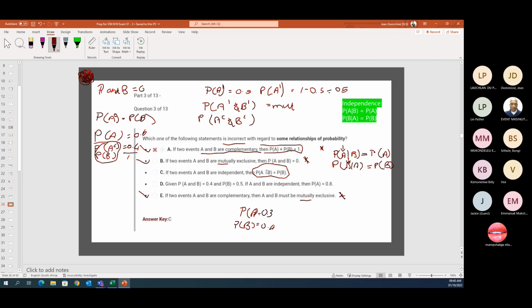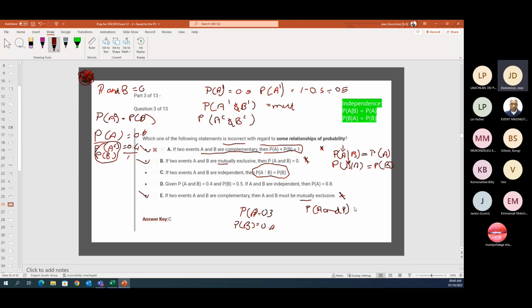Okay, so remember probability of A given B. So probability of A and B.